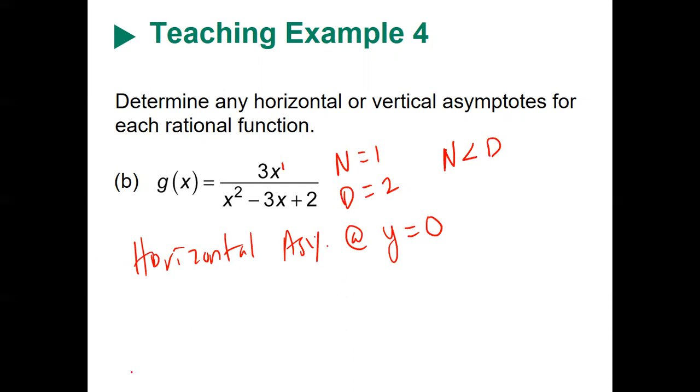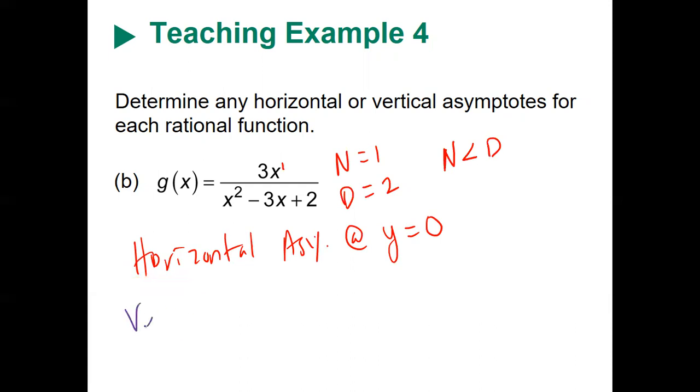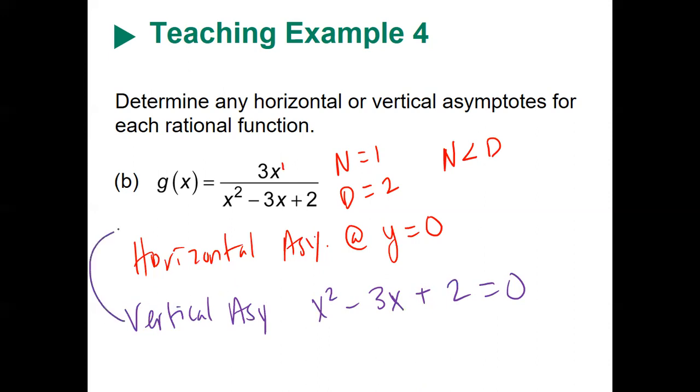To find your vertical, remember the vertical is based off of your denominator. So you take your denominator and set it equal to 0. So I have x squared minus 3x plus 2 equals 0. Horizontal is based off of the degrees. In this one, you have a choice of doing the quadratic formula or to factor. It factors fairly quickly here.